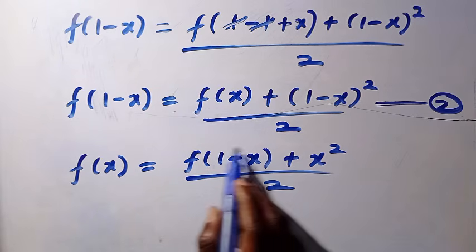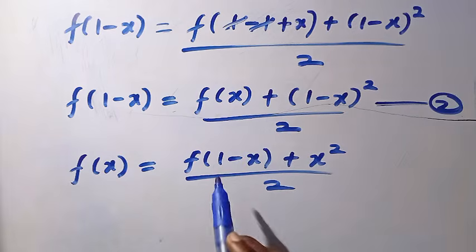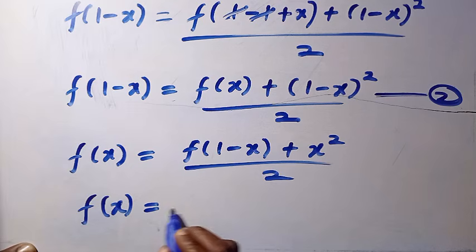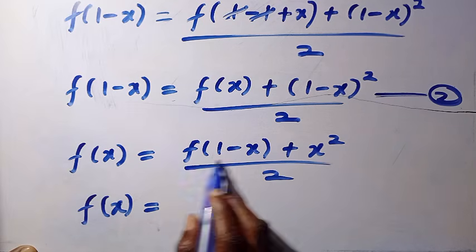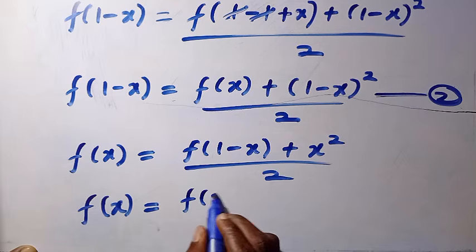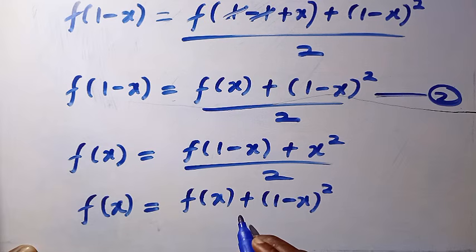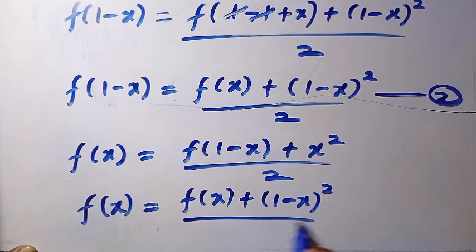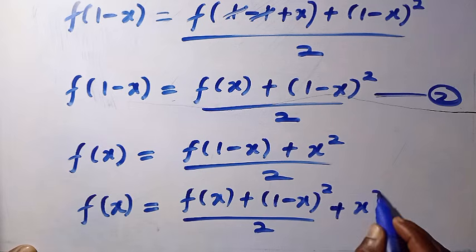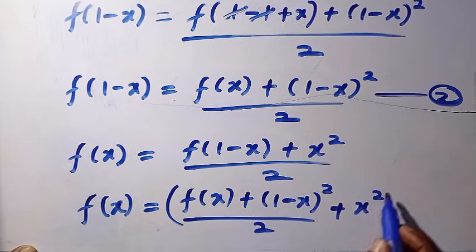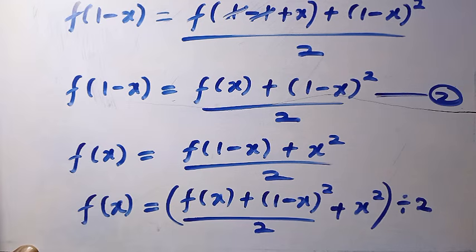And if I replace this f of 1 minus x, which is the whole of this, into this, we are going to have f of x equals f of x plus (1 minus x) squared, then divided by 2, plus x squared, but all of it also divided by 2. So we have in brackets, divided by 2. Let's try to expand this.